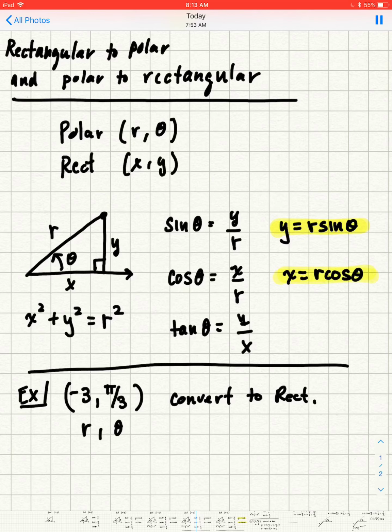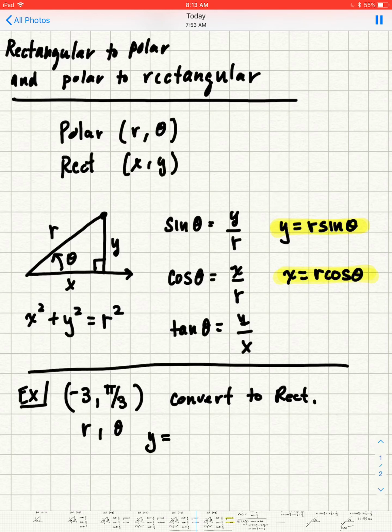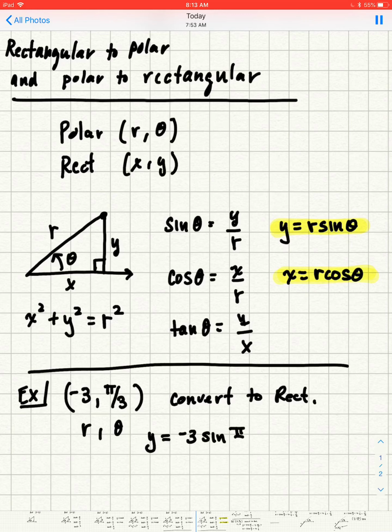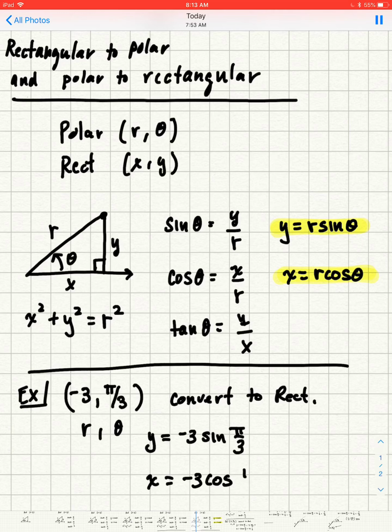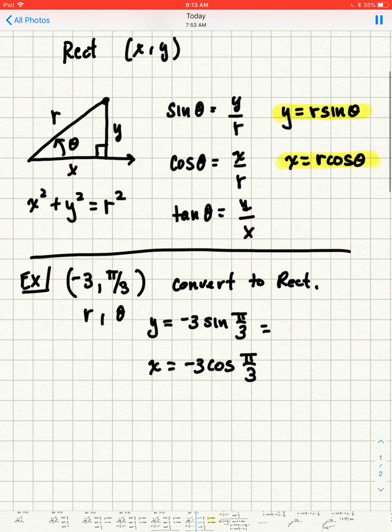You just need to use x equals r cosine theta and y equals r sine theta. So in this situation, we'll have y equal to negative 3 sine pi over 3 and x equal to negative 3 cosine pi over 3.